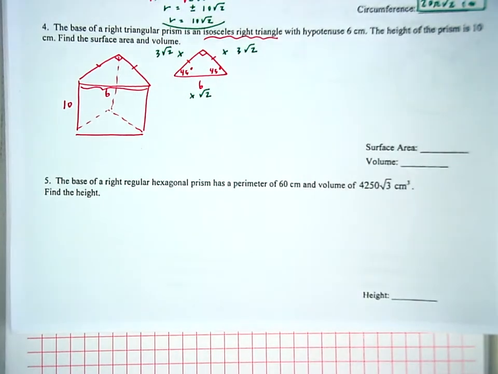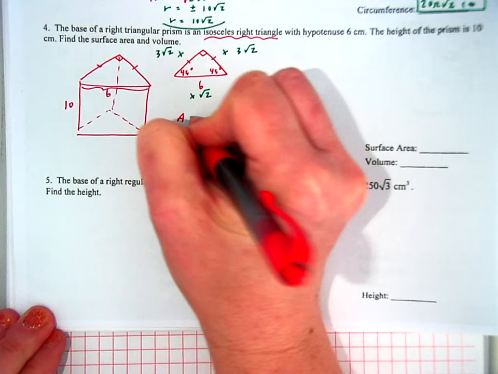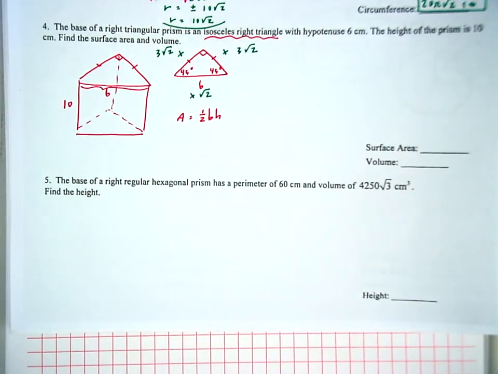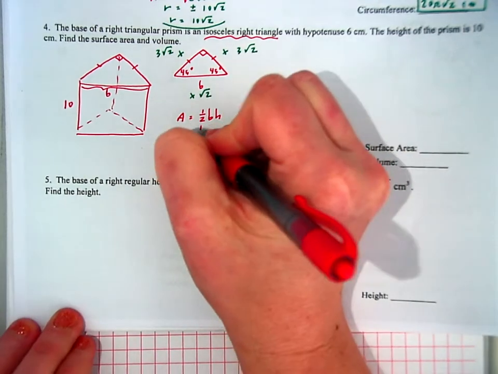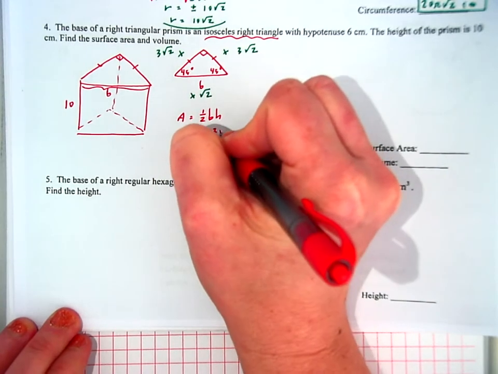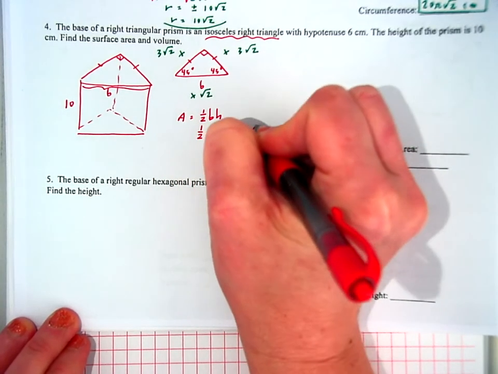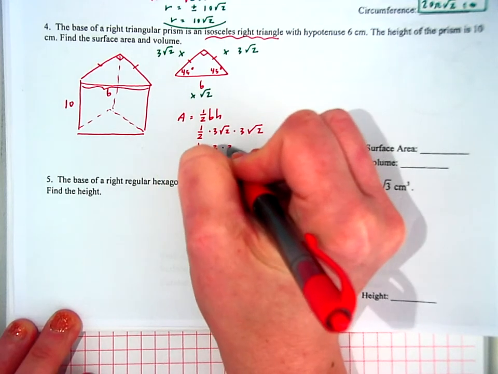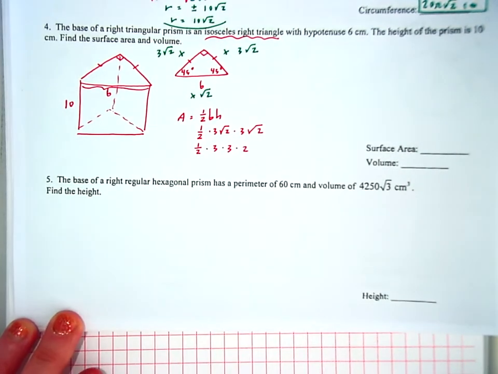All right, so now if I want my base area, it's a triangle, so 1/2 base times height. My 2 legs are my base and my height. They're the perpendicular segments for a right triangle. So I'm saying 1/2 of 3 root 2 times 3 root 2, which is like saying 1/2 times 3 times 3 times 2.